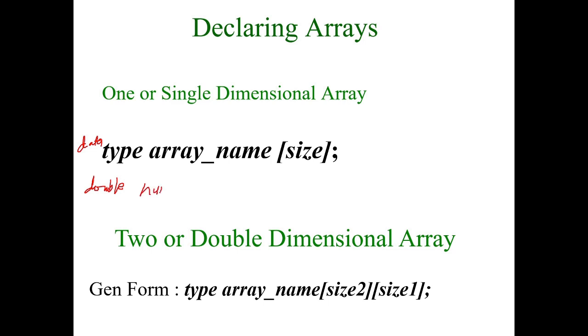Then the array name and the size of your array, for example, 6. Meaning you can store 6 numbers here. In a two or double dimensional array, the general form is the same, but here we have size 2 and size 1.